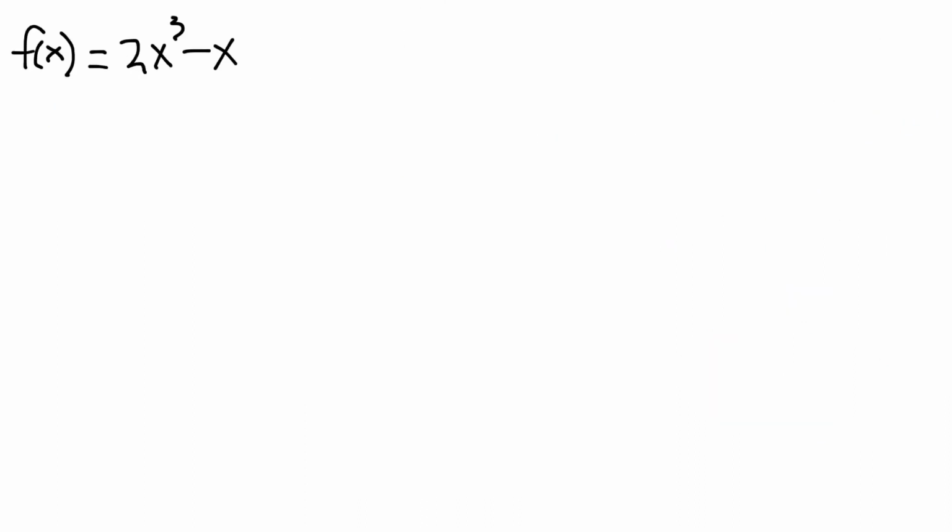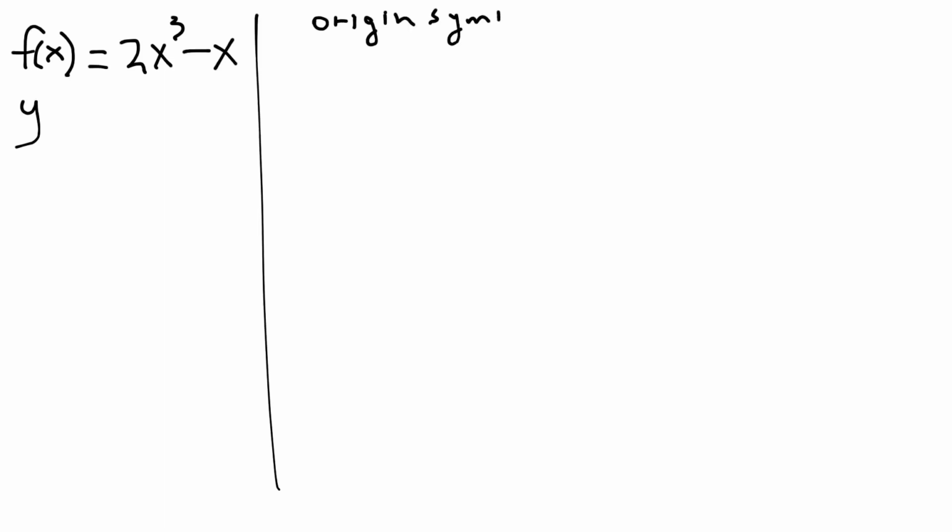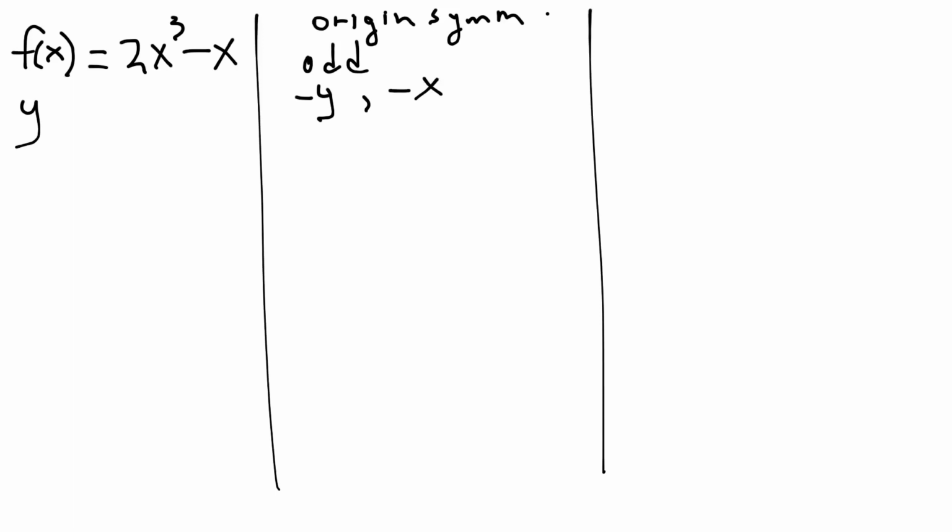All right, so for this function, this is y. First, we're going to check for origin symmetry. If it's symmetric about the origin, it's an odd function. The way that we check for origin symmetry is we replace both y and x with their negatives.